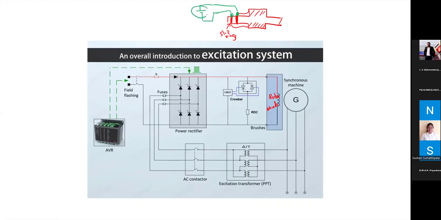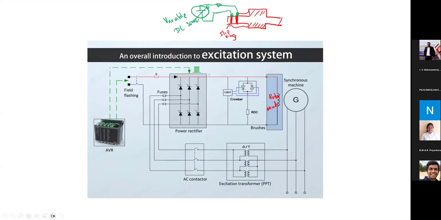So this DC voltage source is the problem that we encounter, because by having controllable DC voltage and DC current flowing into this rotor magnetic field, we can control dynamics of the generator in the electrical aspects. So the job of this excitation system is to provide a controllable or variable DC source.